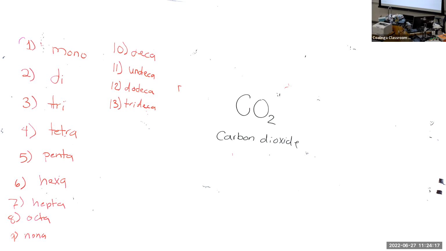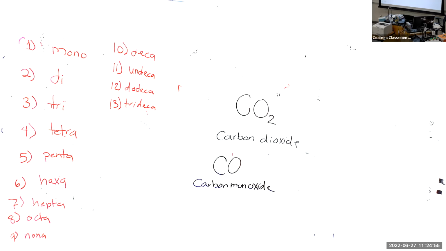Here we use the prefixes to tell us how many of the non-metals we have. We can also call this mono carbon dioxide, but we drop the mono. We only use it when it's in the last part. So we call this guy carbon monoxide.